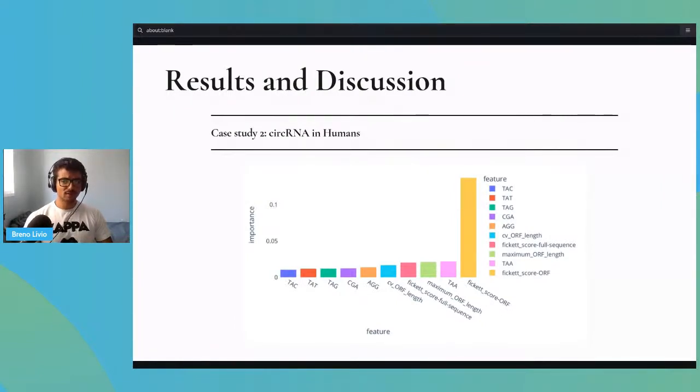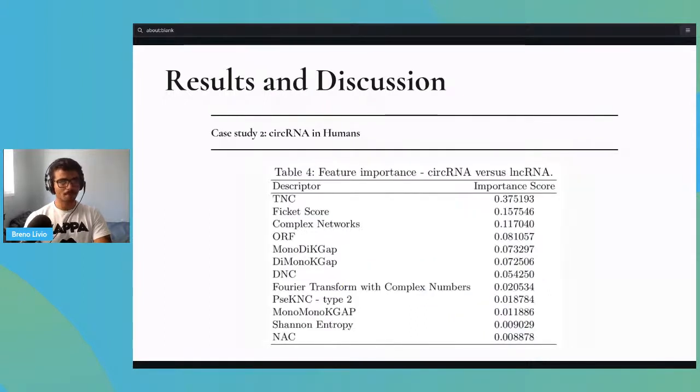The Fickett score is the most important descriptor in the model decision, obtaining a very expressive value compared to the other features in the top 10. We also note that the two features tracked by the Fickett score descriptor are present among the most important, reinforcing that this representation is very determinant for the circRNA problem.